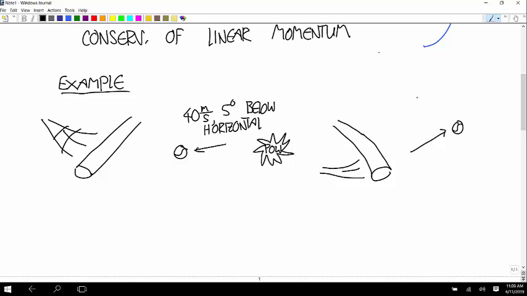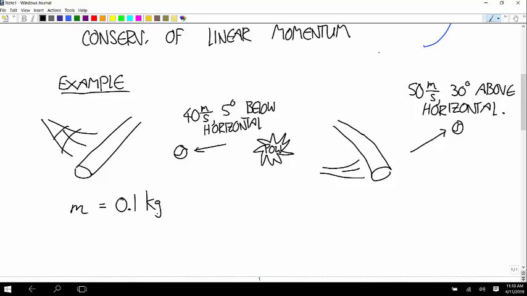And after the collision, it's moving at 50 meters per second, 30 degrees above horizontal. And we'll use the mass of a baseball. It's really 0.145 is the required mass of a baseball, but let's say that the mass is 0.1 kilograms.